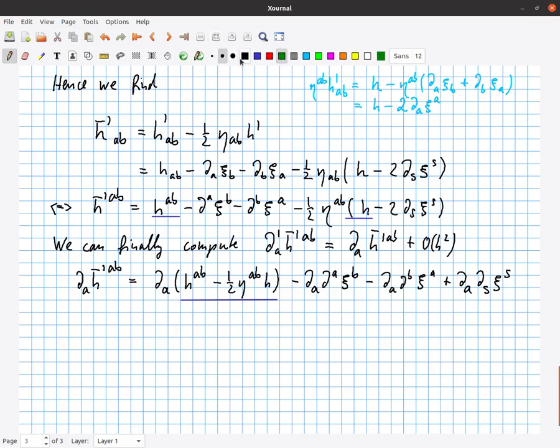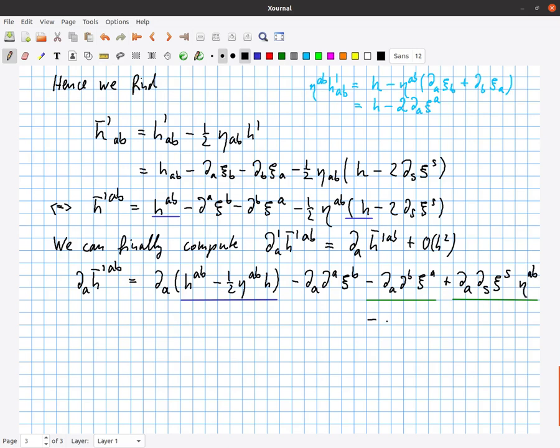If we now have a look at this term over here, and this term over here, there is an eta^AB here.